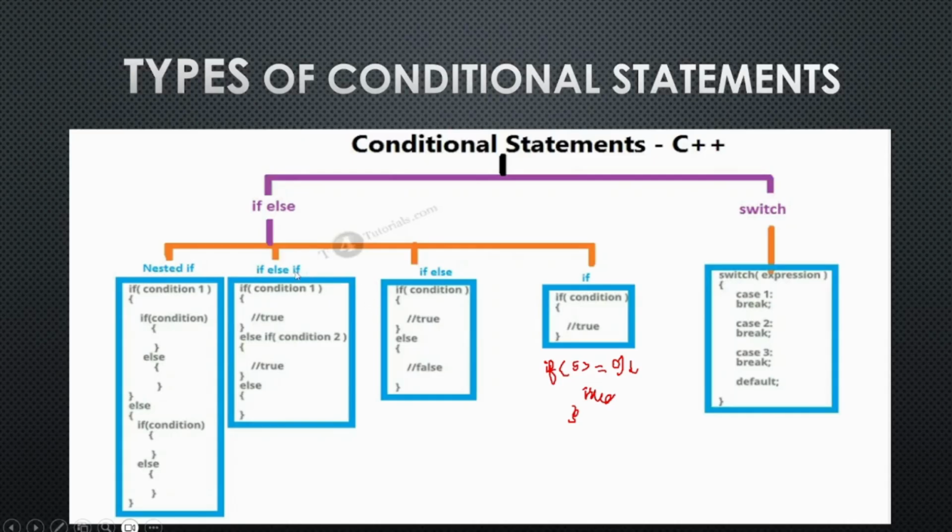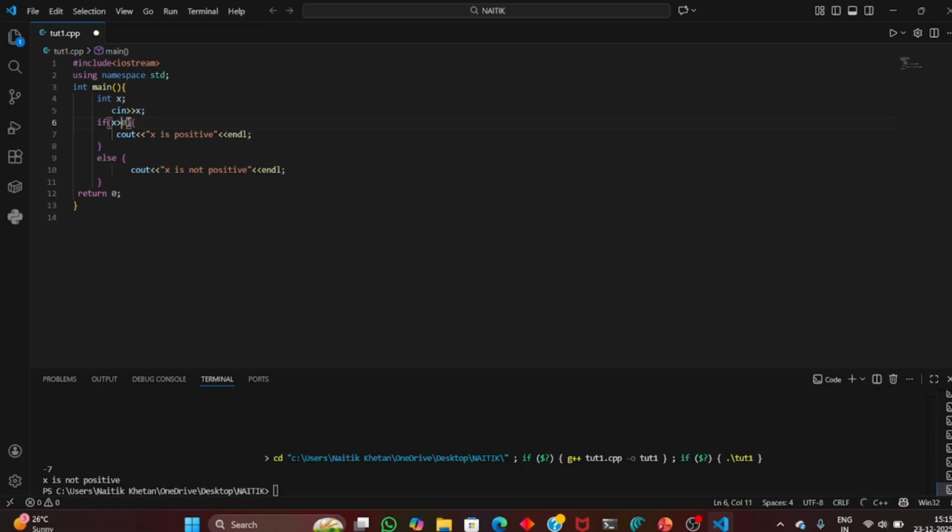So you can remember it like if we have more than one condition, then we will use if else if conditions. Now we will write if x is greater than 90 and x is less than 100, then we will print grade A. Okay.